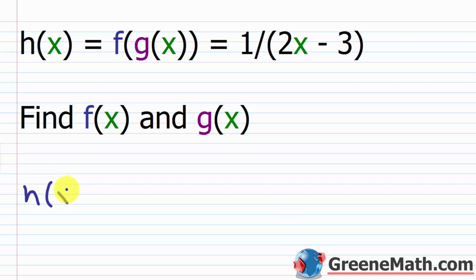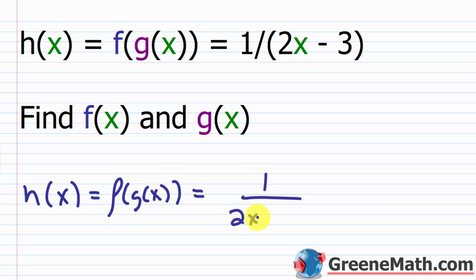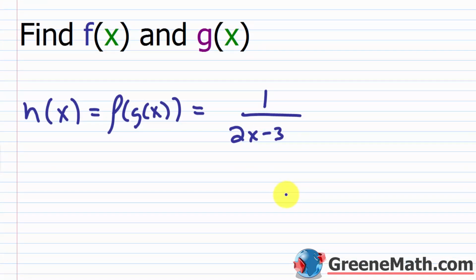So h of x is equal to f of g of x. And this is equal to 1 over 2x minus 3. Okay, so lots of different ways to kind of think about this. But essentially, if you really think about what could be the outer function, what could be the inner function, well, I could have plugged this guy right here in for x in 1 over x.